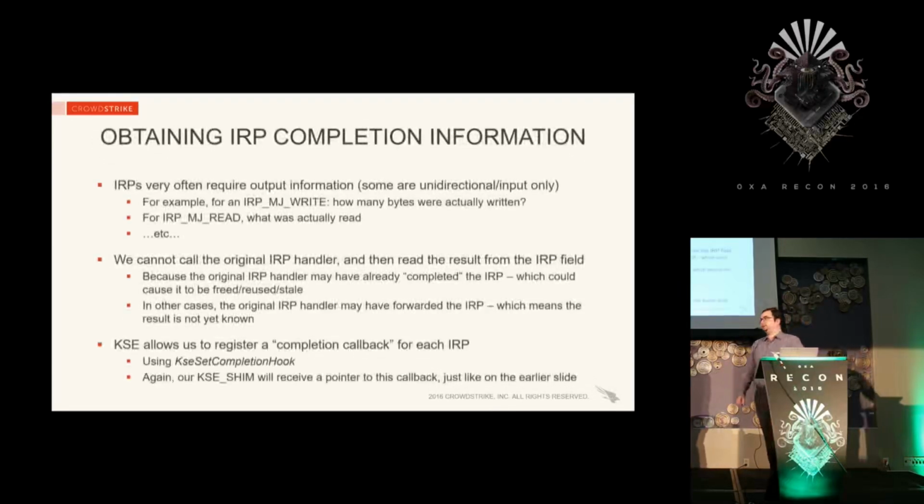Now, the other thing with IRPs is that unlike function calls, which return immediately, IRPs can either be returned immediately, but by the time they've returned, the IRP has actually been completed, meaning that the other side has already received the answer, and the IRP structure, which contains the answer, may have already been deallocated or freed. The other possibility is that the function cannot return immediately.